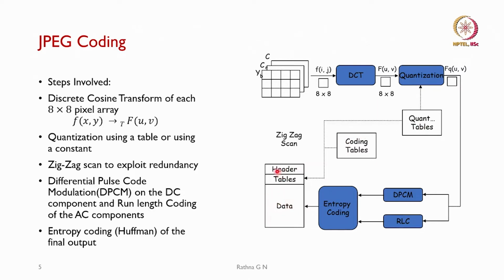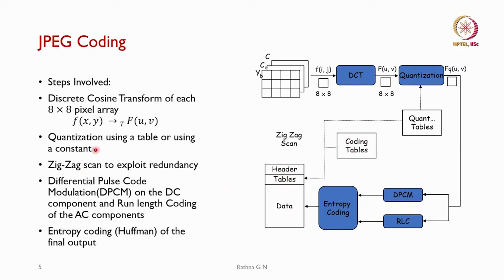This is how the data is going to be stored. You will also have the coding tables, whether you used the zigzag scan and what type of coding tables you used, and you use these in storing the images, which you can retrieve back.